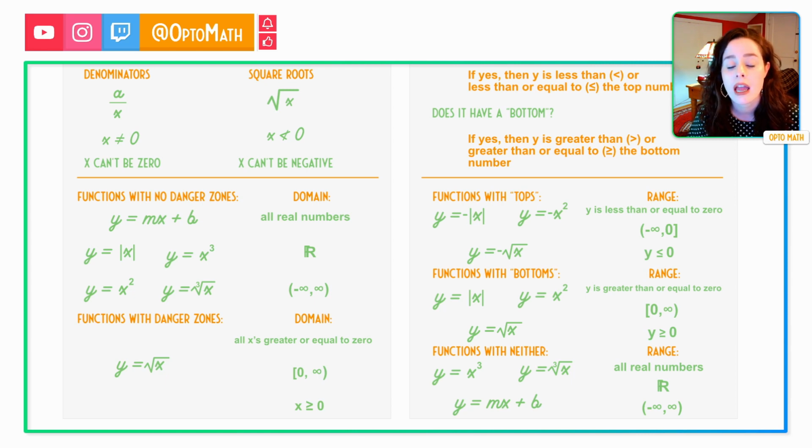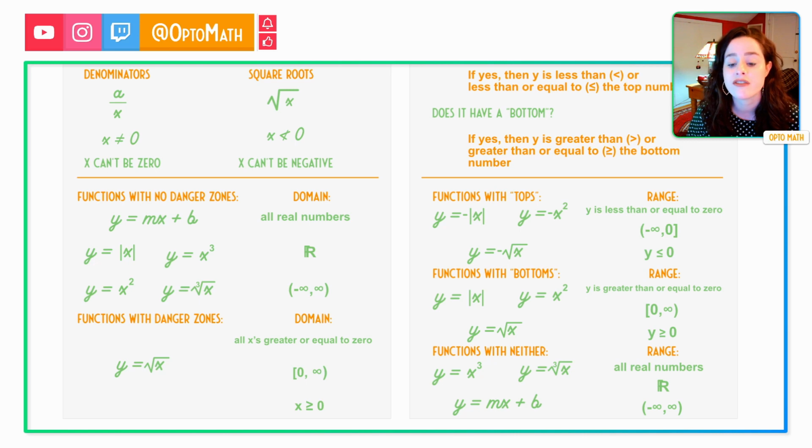Same thing for y equals x cubed, our parent function for cubic. Y equals x squared, our parent quadratic function. And y equals the cube root of x.